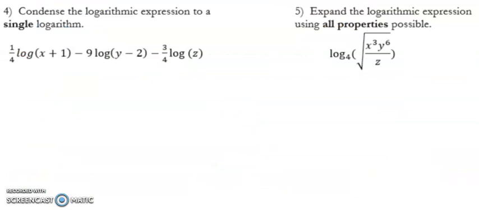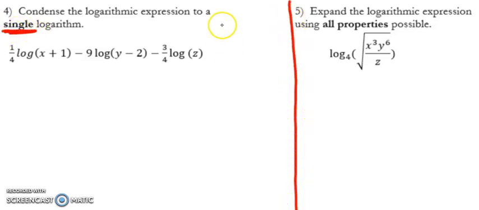All right, condense the logarithmic expression to a single logarithm. The word single is bolded because we're trying to get our final answer to be just a single logarithm. In this case, we have a log with a base 10 in all 3 of our terms, so we'll be able to combine like terms. We want to go backwards in our properties of logarithms from what we learned.